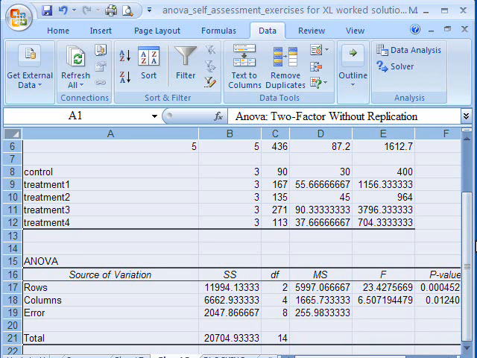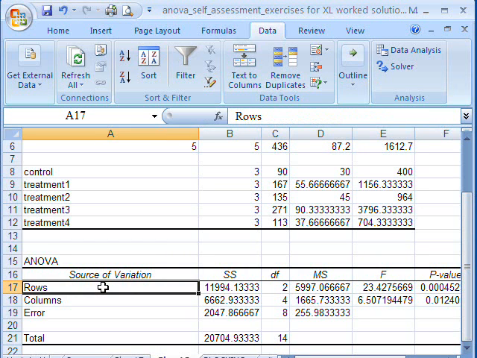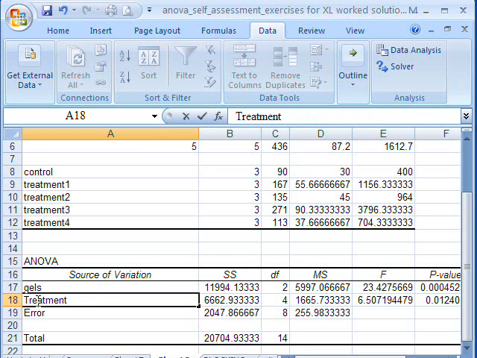When we have a look at the ANOVA, we see now we actually have 2 sources of variation besides error. We've got that which is in rows, which is the gels, and that which is in columns, which is treatment. So we had 3 different gels, therefore 2 degrees of freedom associated with gels.